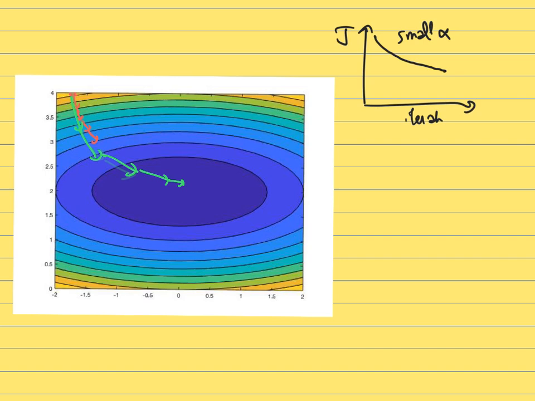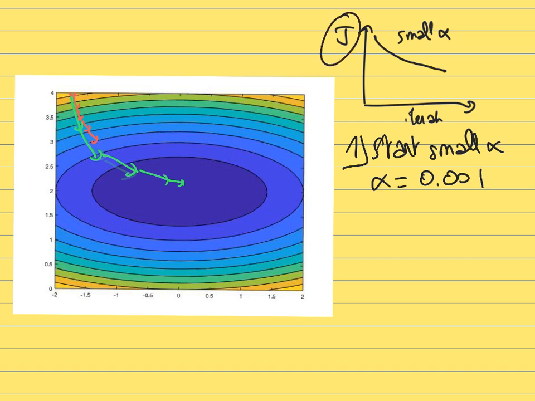So one thing that you can do is to start initially with a small value for alpha. For example, you can start with alpha equal to maybe 0.0001, which is a pretty low value. Then you plot the evolution of the cost function as a function of the number of iterations during the gradient descent.